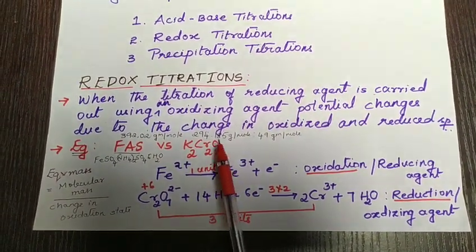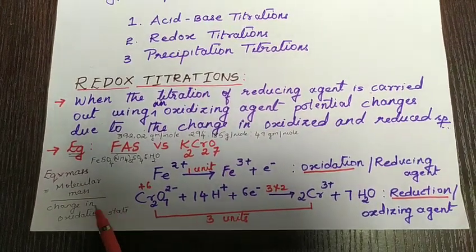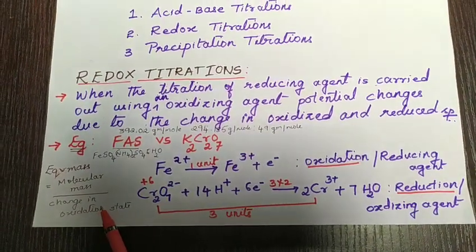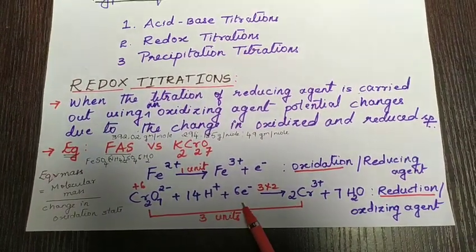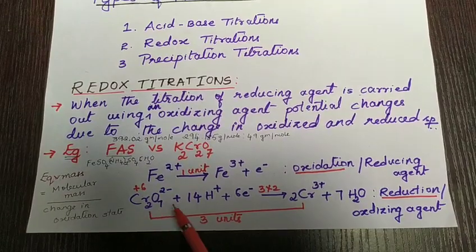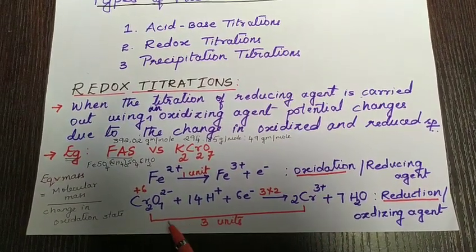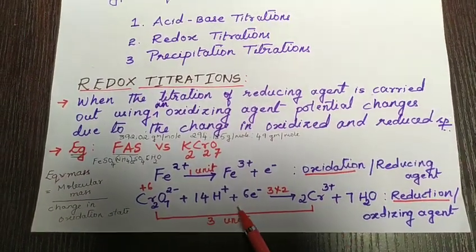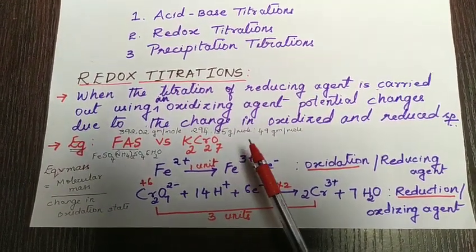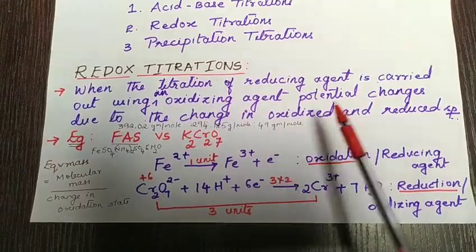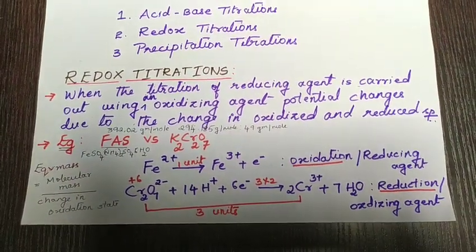Dichromate has the molecular mass 294 divided by 6, that is, the change in oxidation state is 6, because for one chromium atom the change in oxidation state is 3, that is 6 minus 3 is 3. Since we have two chromium atoms, 3 into 2, the change in oxidation state is 6, and the equivalent mass of dichromate will be 49 gram per mole.